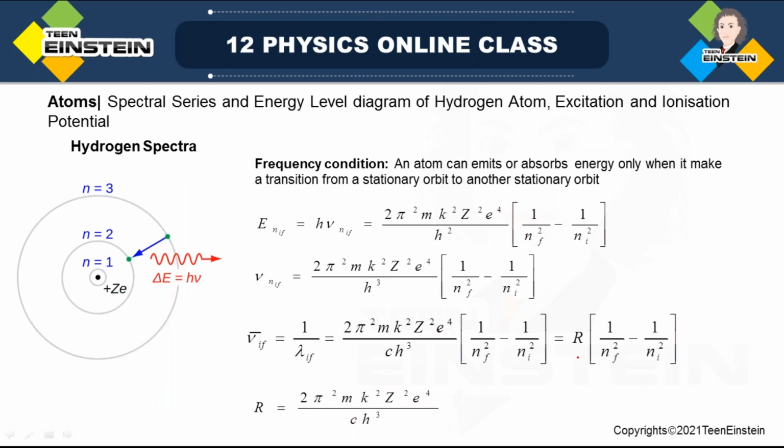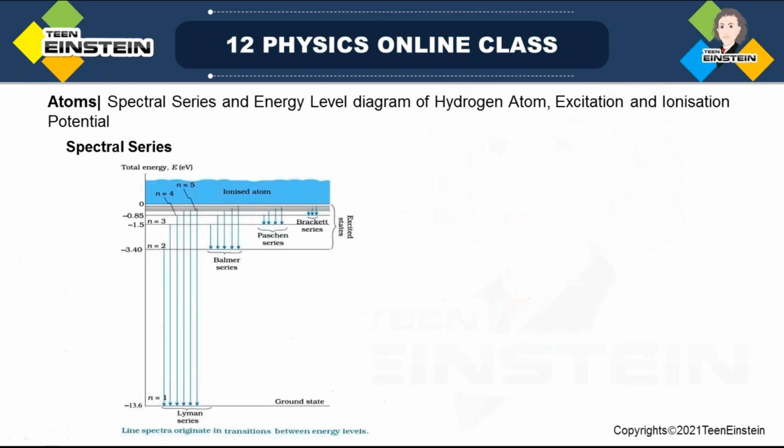This empirical formula finds the various frequencies of the spectral lines observed from the hydrogen atom.